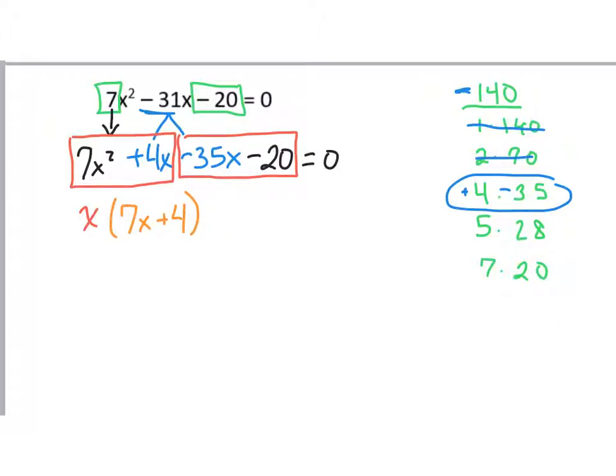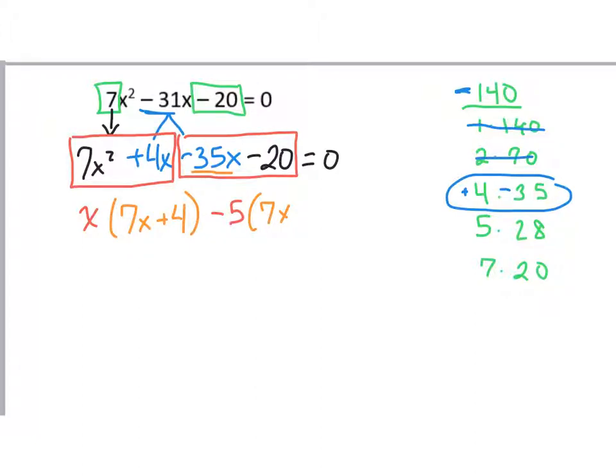Right now I have a negative 35x. I want it to be a 7x. So I know since it's negative and I want it to be positive, I know I'm going to be taking out a negative. But I'm not just taking out 1. I need the 35 to become a 7. So I need to divide the 35 by 5 so that it leaves me with a 7x. So negative 5 times 7x will give me my negative 35.